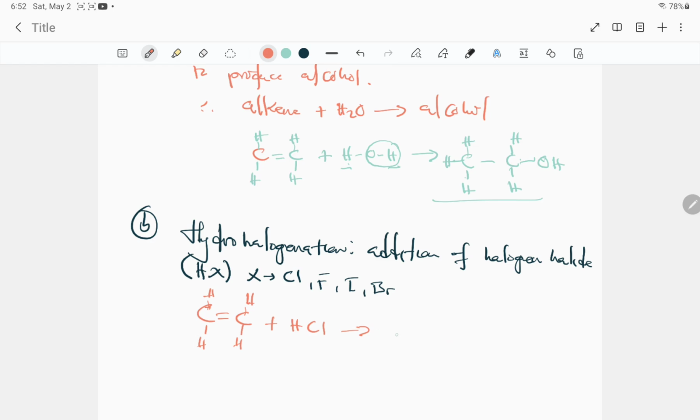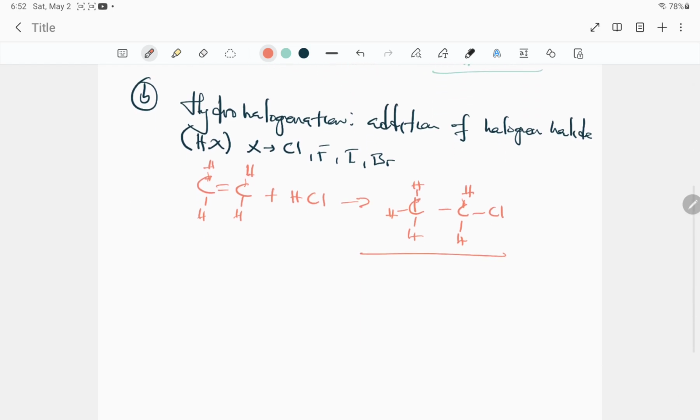They will break like that. Then we are going to form a carbon single bond. Then we have hydrogen, then hydrogen, then we're going to get chlorine. So this is hydrohalogenation. This is the halide now.